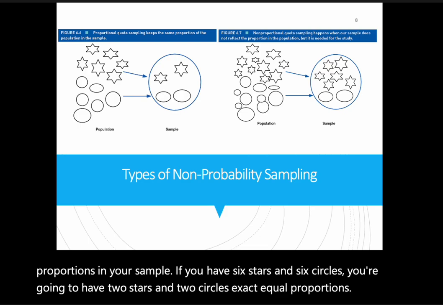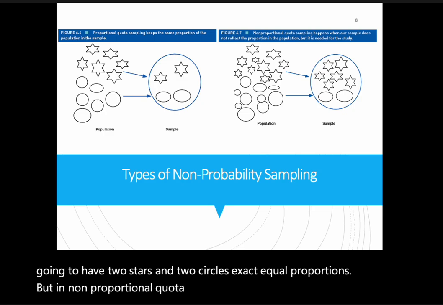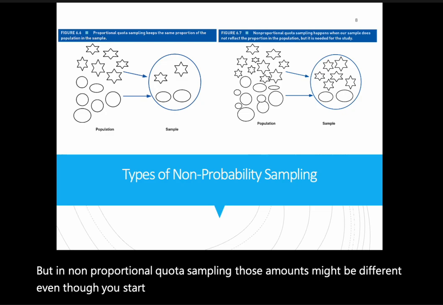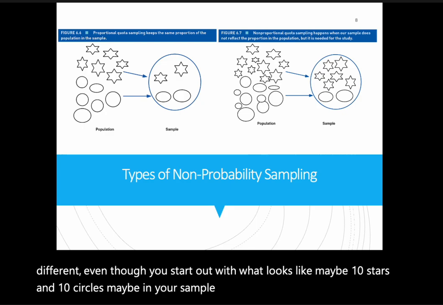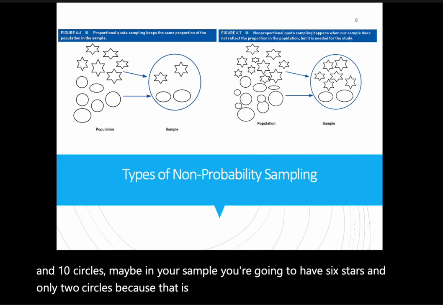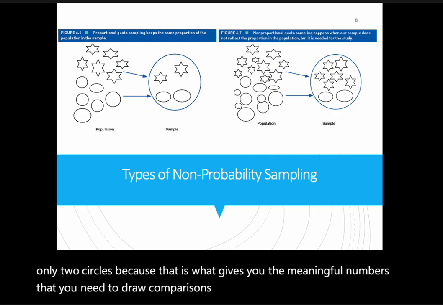But in non-proportional quota sampling, those amounts might be different. Even though you start out with maybe 10 stars and 10 circles, maybe in your sample you're going to have 6 stars and only 2 circles, because that is what gives you the meaningful numbers you need to draw comparisons across these groups.